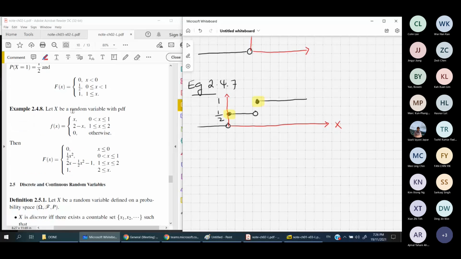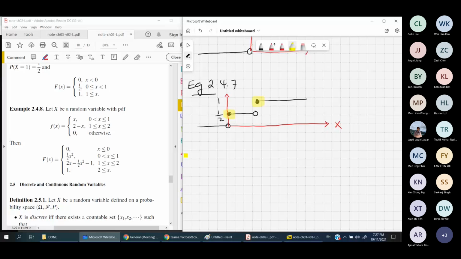I think we can discuss it first, and later on we can look at this. X is a random variable, so we have a PDF, density function. Small f will be given like that, then the capital F will be this.